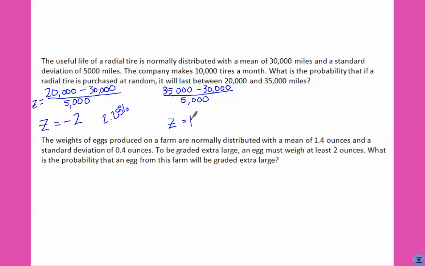And if you look for positive 1.00, you get 84.13%. And we want to know between, which means we have to subtract them. So 84.13 minus 2.28 tells us that there is an 81.85% chance that the tire will last between 20,000 and 35,000 miles.